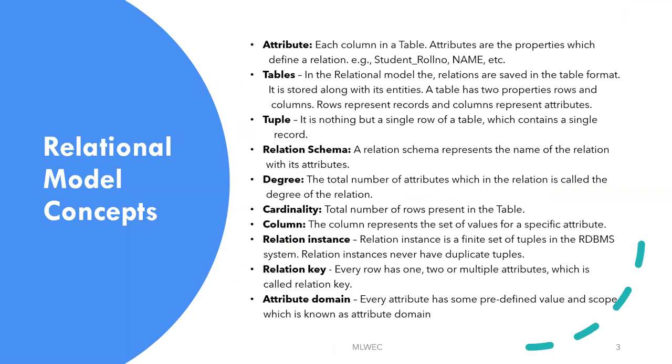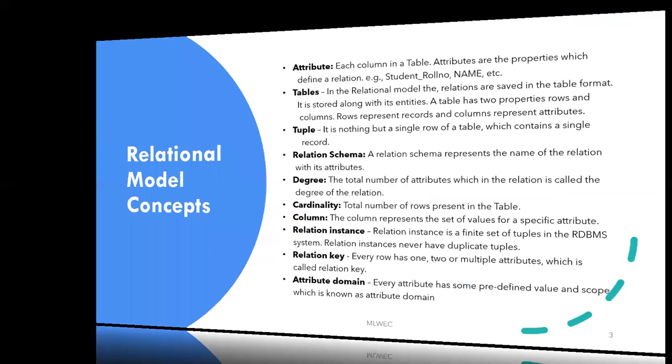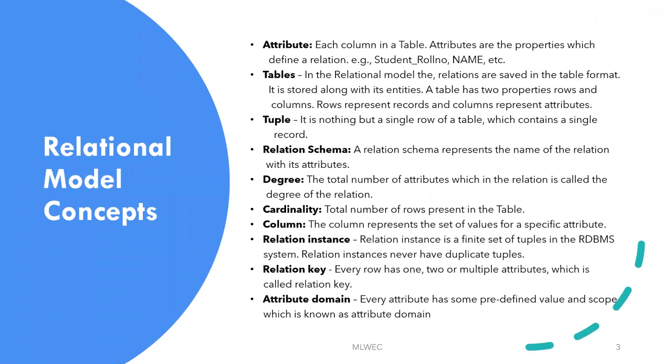Column. A column represents a set of values in the table. A complete column, not just the column name: the set of values for customer ID, 1, 2, 3, we can call a column. And next, a relation instance. In an RDBMS system we take only a finite set of tuples, and this finite set of tuples we can call a relation instance.